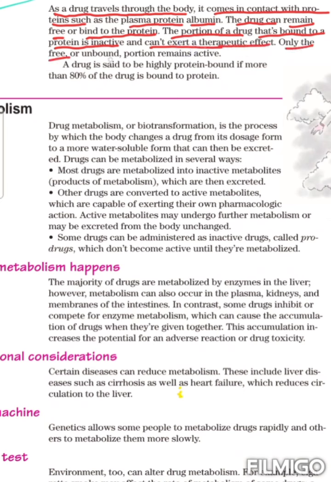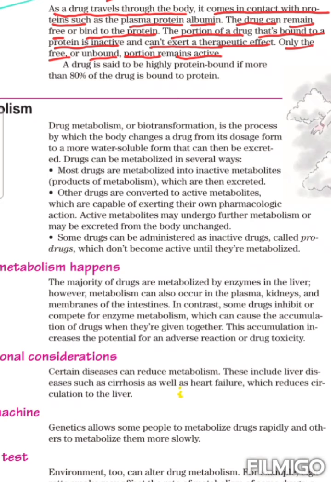Only the free or unbound portion remains active. So what is happening? Once the drug binds to the protein, it becomes inactive. So only the free drug, the drug which is unbound to the protein, that portion remains active. This is also a very important point.